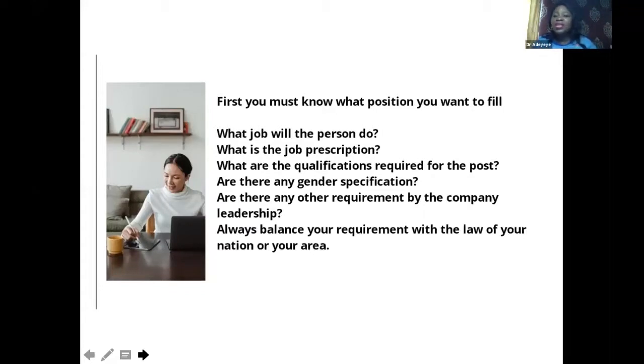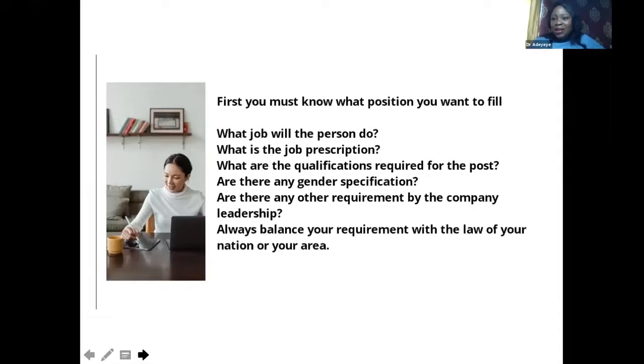What are the qualifications required for that person to be able to work with you? Like I said, I run a hospital, and sometimes we need doctors to work for us. So I cannot say that because somebody has been working in the hospital environment, they should just come and apply and I will just take the person.